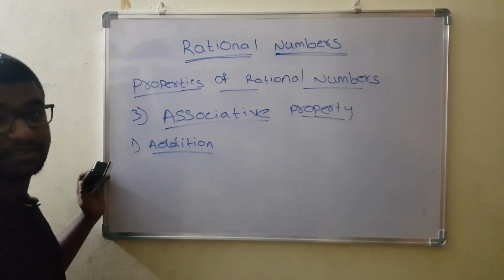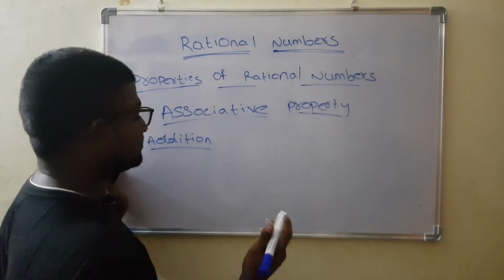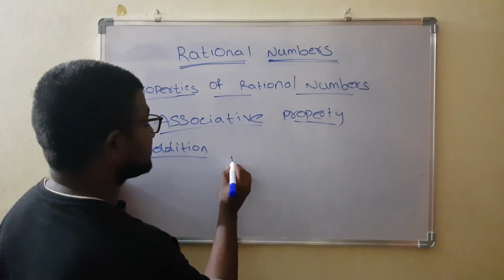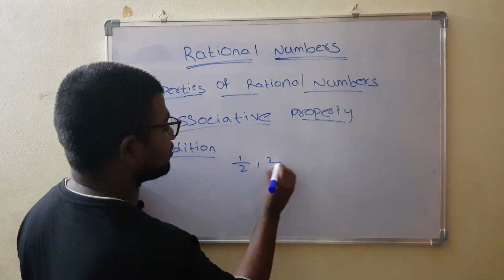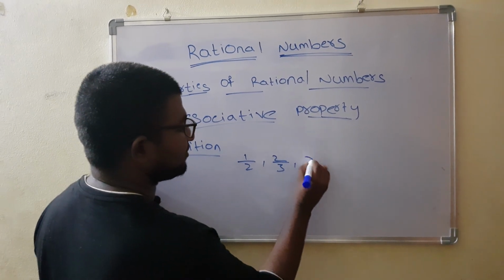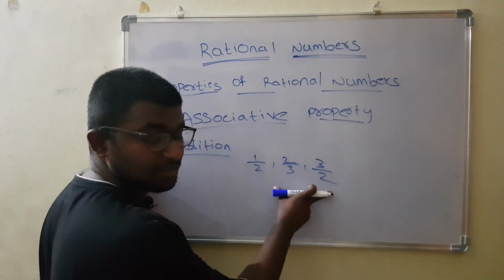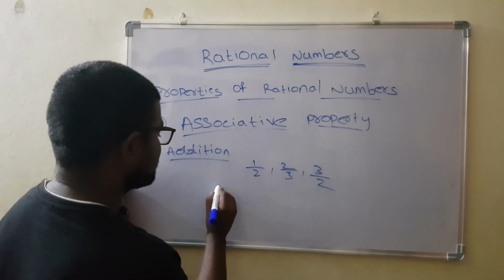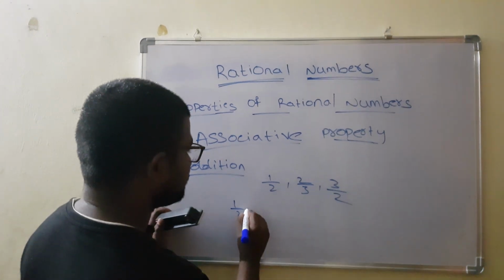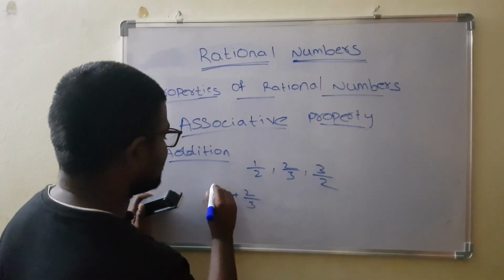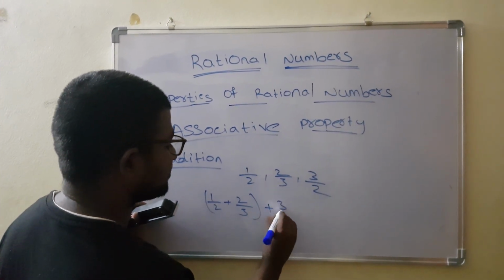Closure property on addition. Consider three rational numbers, that is 1 by 2, 2 by 3, 3 by 2. How do we add these three rational numbers? That is 1 by 2 plus 2 by 3 plus 3 by 2.